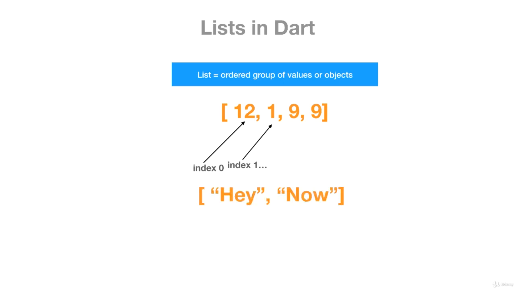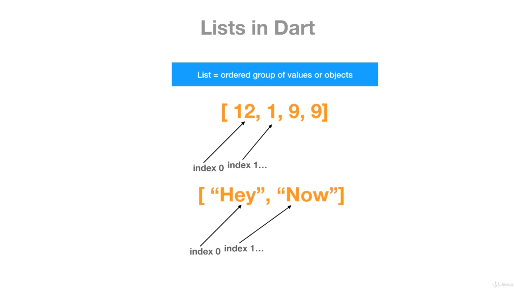But we can also add non-integer or non-number items inside our list, right? As long as the list contains the same type, it doesn't matter what we put. We can put objects, strings, and so many other things. In this case, we still have the same thing: index 0 contains hey, and index 1 contains now. And we can keep adding as many items inside our list as we want.